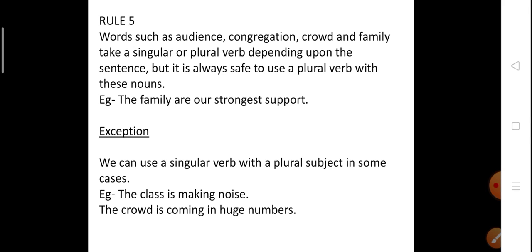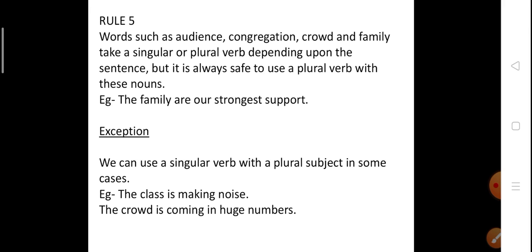So you can see that words such as audience, congregation, crowd and family take a singular or plural verb according to the way they are used. But it is always safe to use a plural verb with these nouns. For example, the family are our strongest support. So family here is used with the verb are.